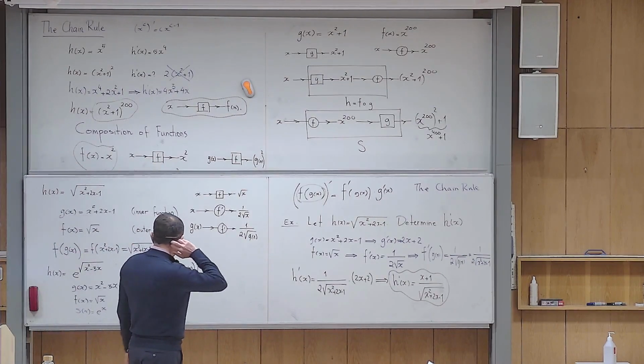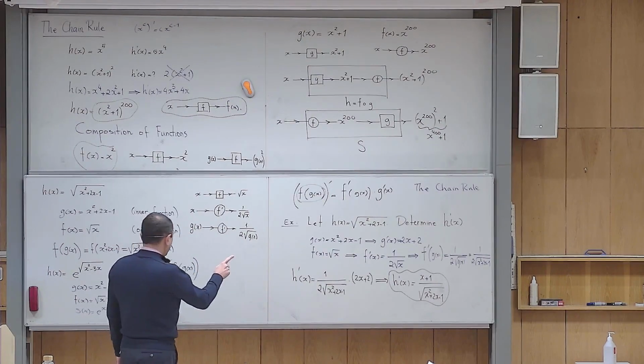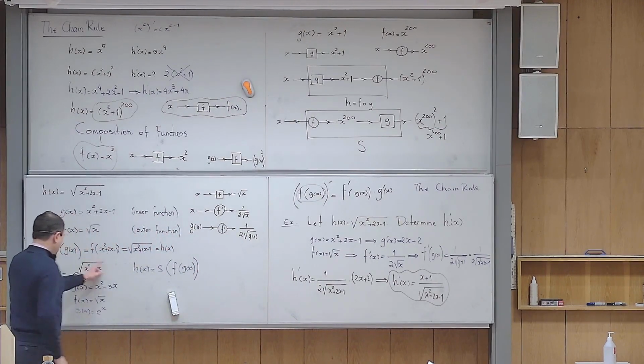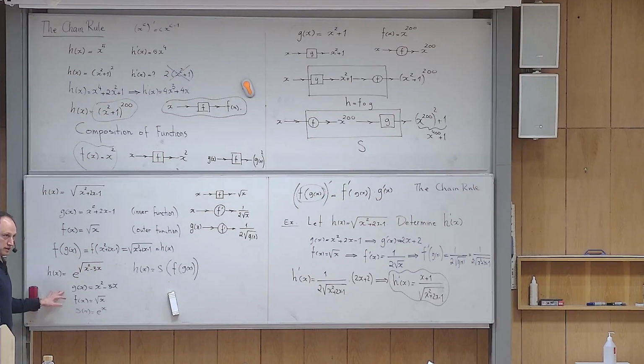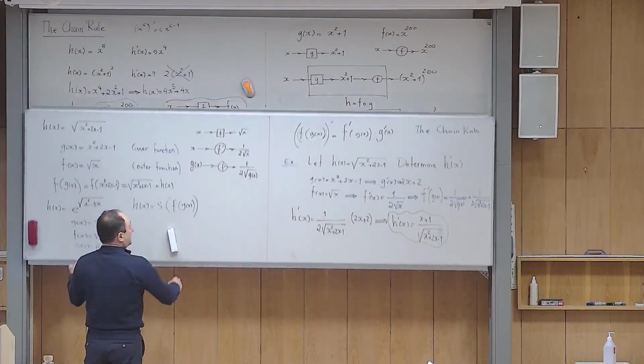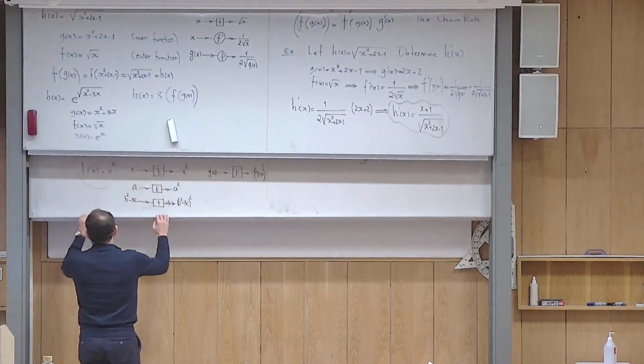I think it is a good idea to solve one more problem. Then we will come back to a situation where we have more than two functions involved. So let us keep everything here and then do another exercise.